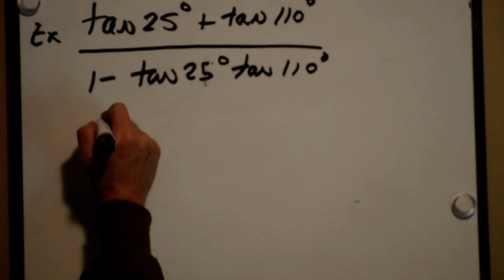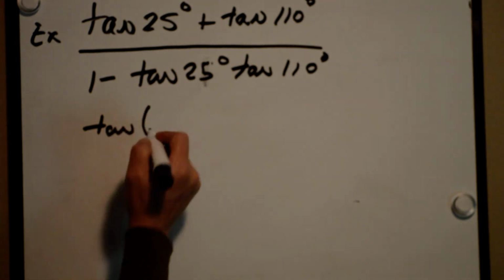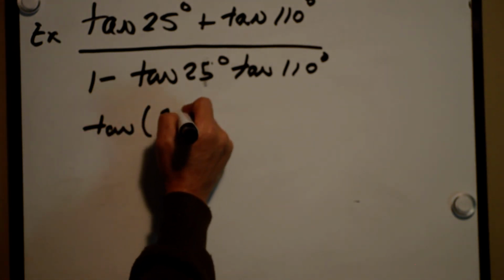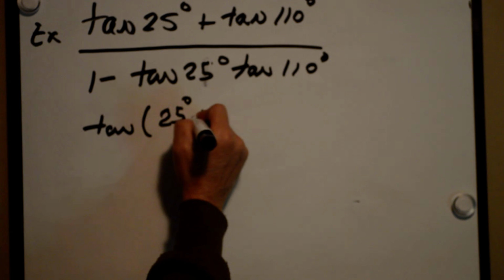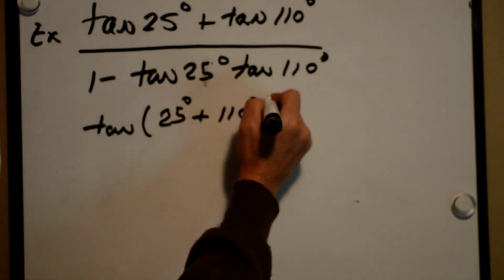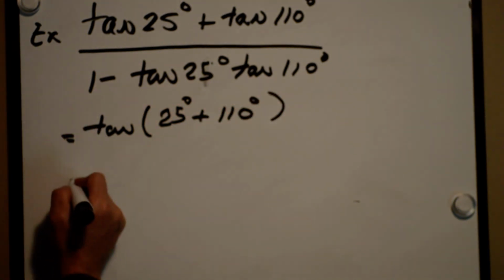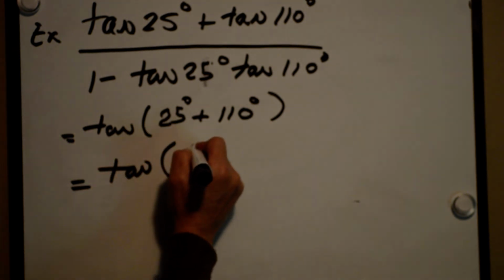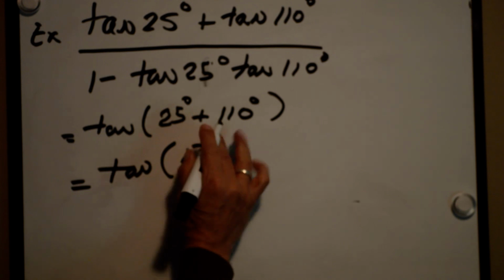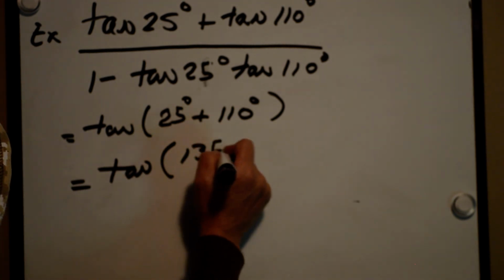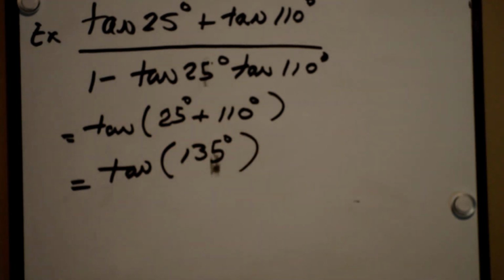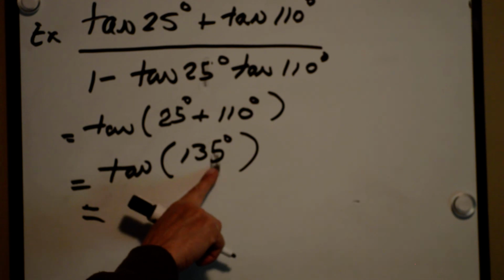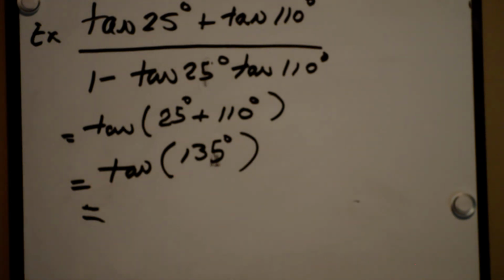So this is the tangent of 25 degrees plus 110 degrees. That is equal to the tangent of 135 degrees. That is also going to be in quadrant number 2. If you want to know what that is, subtract 135 from 180.